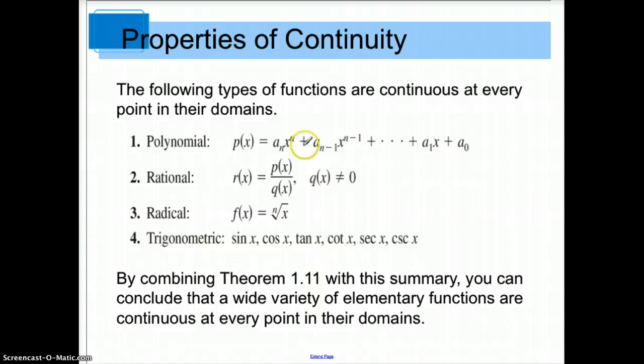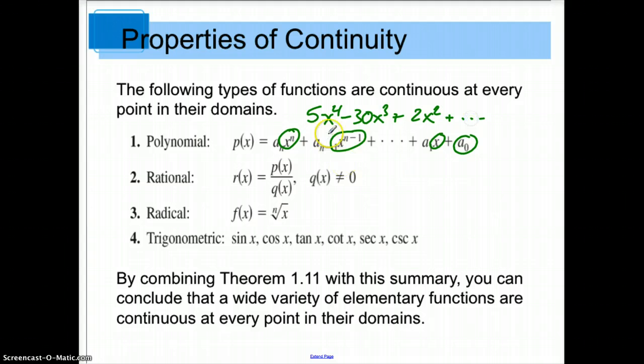Polynomial functions are always continuous. A polynomial function is anything with decreasing exponents, so like 5x to the 4th minus 30x cubed plus 2x squared, and so on. That's continuous everywhere. Rational functions are continuous everywhere as long as that denominator doesn't equal 0.